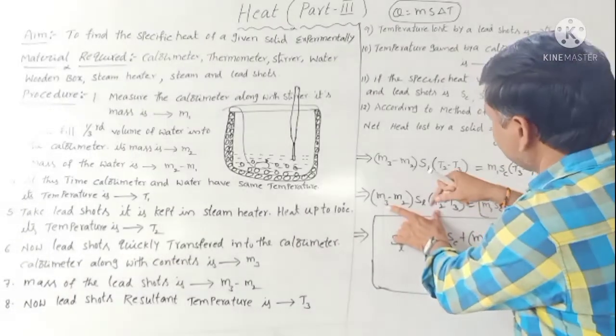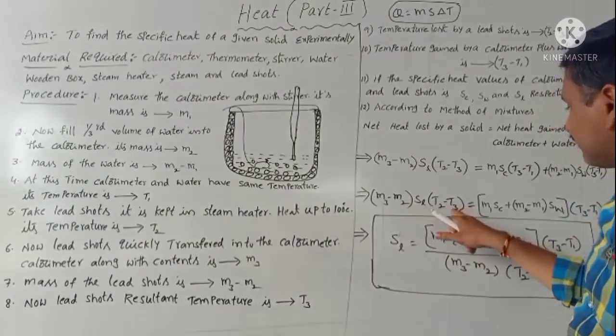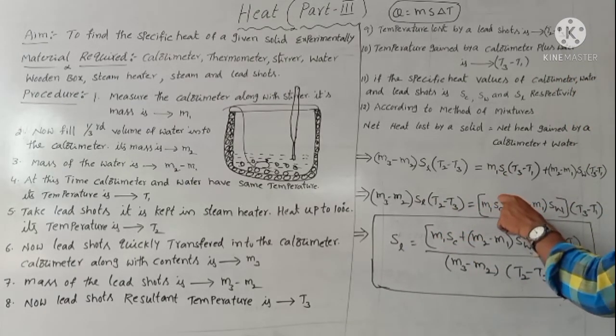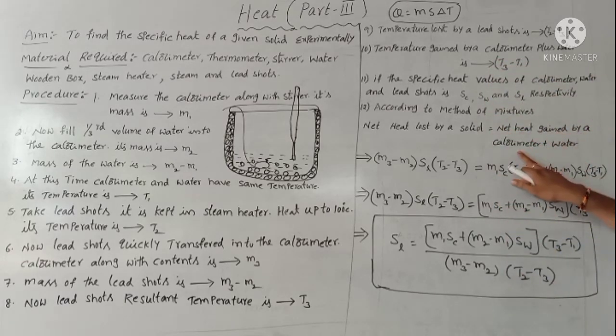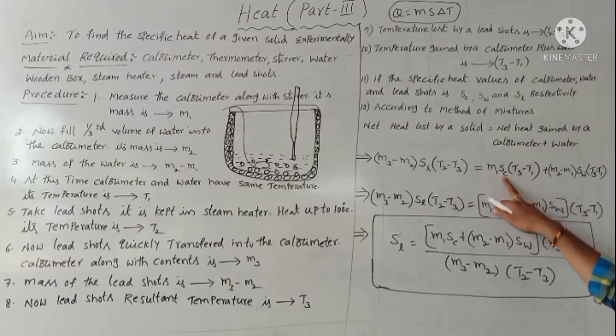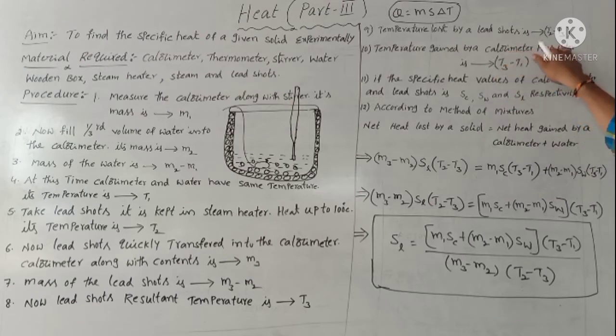Using the formula Q equals m s delta T, this is equal to the net heat gained by the calorimeter and water. The calorimeter mass is M1, its specific heat is SC, and the temperature gained is T3 minus T1. The calorimeter and water both gain T3 minus T1.